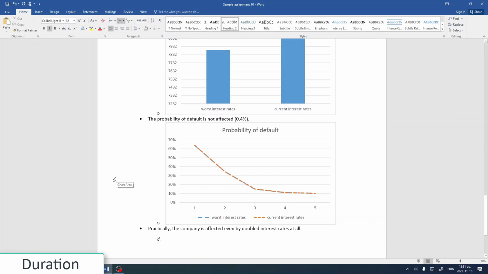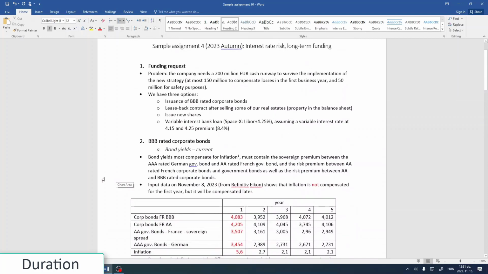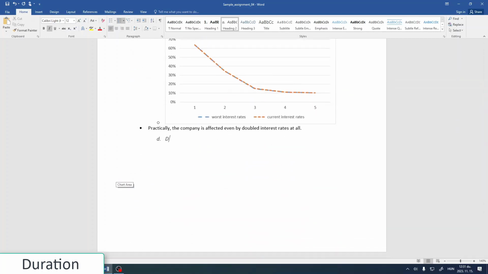Okay, so let's use a heading and subheading, because we are still in the field of bond yields, or at least bonds. Duration and convexity.